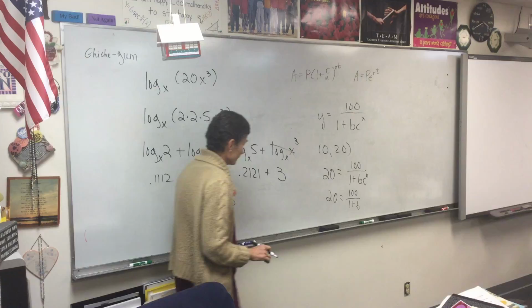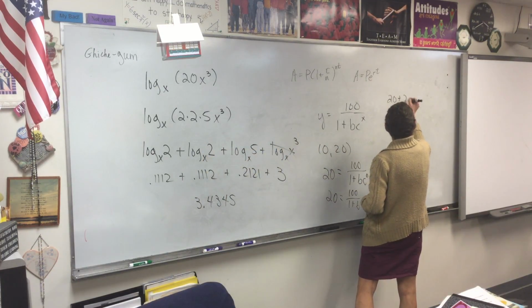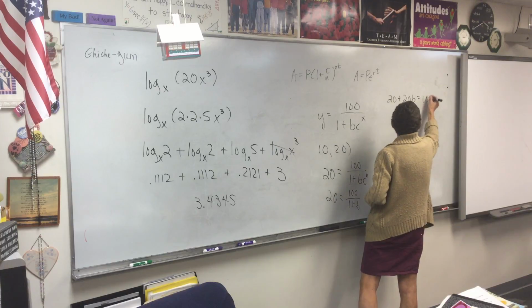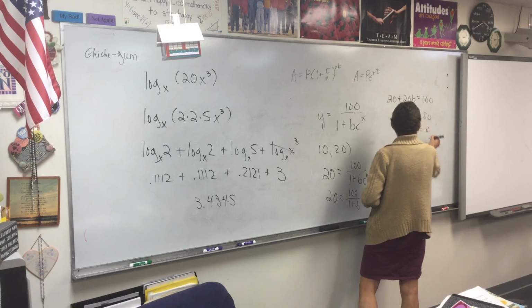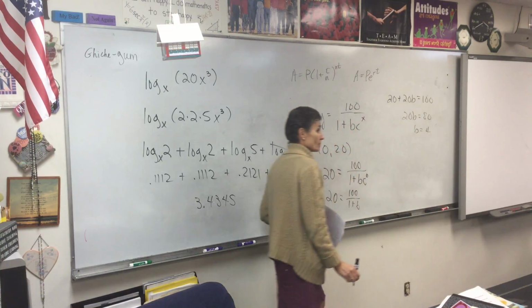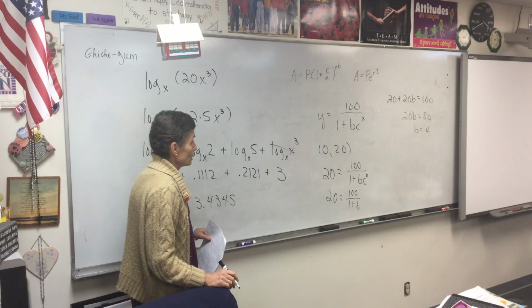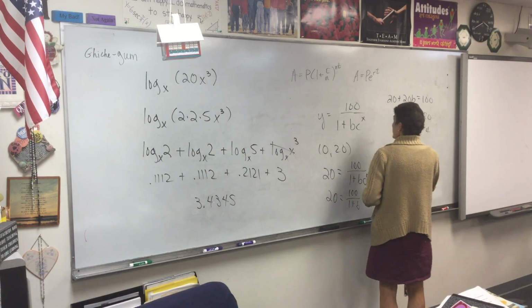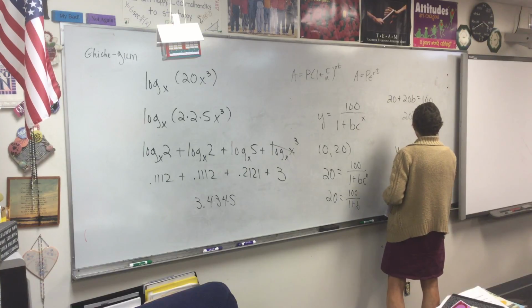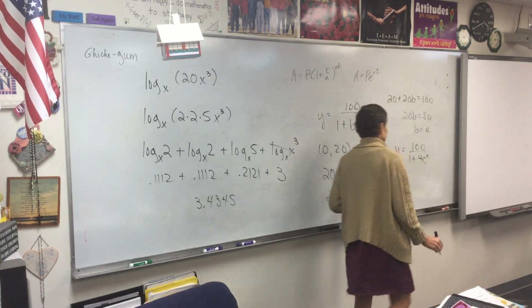Distribute the 1 plus b, so I have 20 plus 20b equals 100, so 20b equals 80. It looks like b is 4. So now my equation looks like y equals 100 over 1 plus 4c to the x.